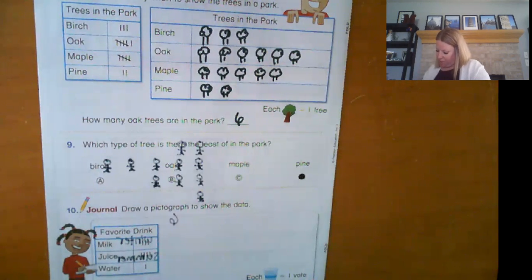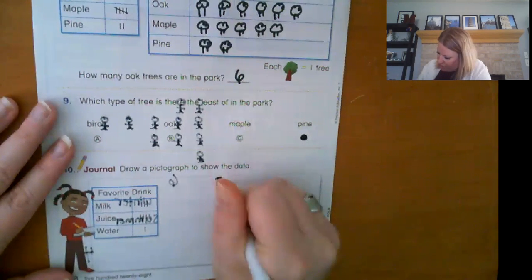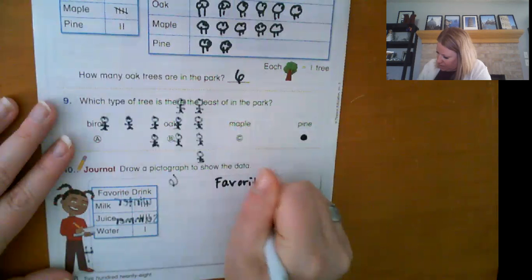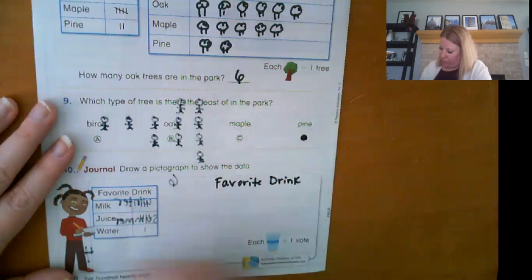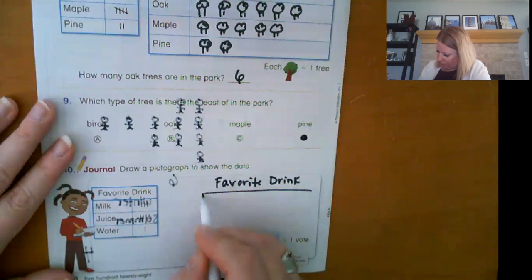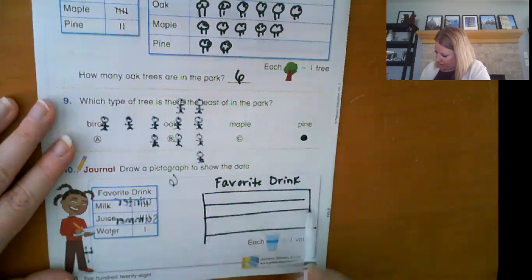And then this one says draw a picture graph to show the data. Milk, juice, water. So if I'm going to draw a pictograph, I need to make sure I have a title. And it's the same title as I used over here for the table, so it's favorite drink. And then I make my graph. There's 3 categories.